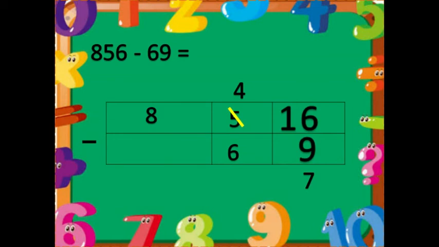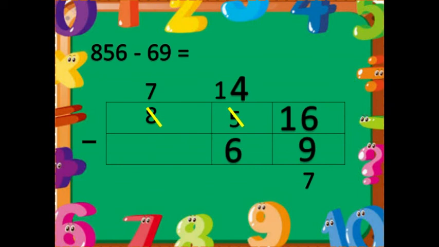Now let's proceed to tens. In tens, we have 4 and 6. So 4 minus 6, we cannot subtract 6 from 4. That's why we are again going to borrow from 8. So we are going to borrow 1 from 8. The 8 will become 7, and we will place 1 into 4.